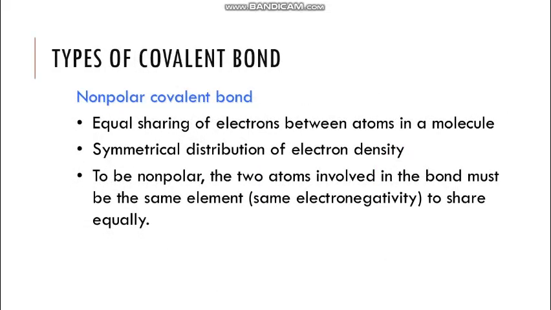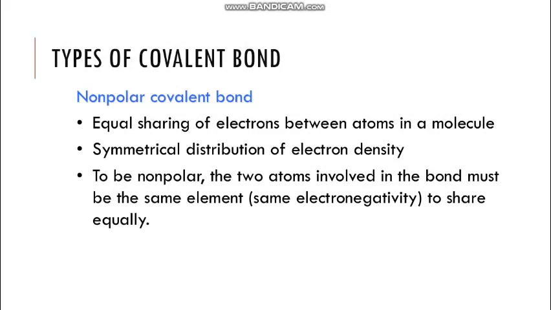Now, there are two types of covalent bond. So, first, we have the non-polar covalent bond. In non-polar covalent bond, there is an equal sharing of electrons between two atoms. So, when there's equal sharing of electrons, the distribution of electron density is symmetrical.